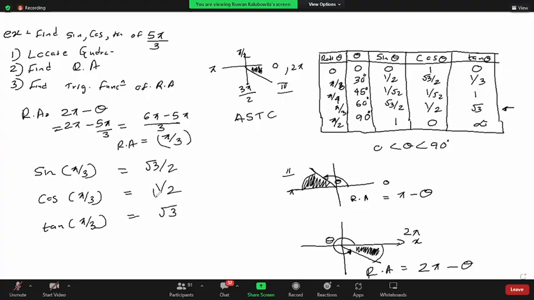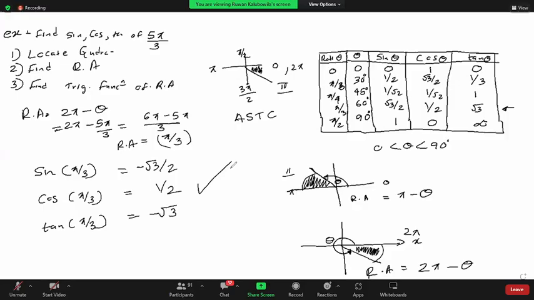Then this is okay, right? But we have to put a negative sign in front of the other values, because they are negative in this fourth quadrant. So now this answer is correct.